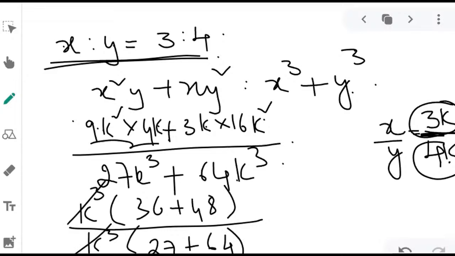You can cancel off k cubes. Then tell me what is the ratio. 84 is to 91, which is 12 is to 13. Right?